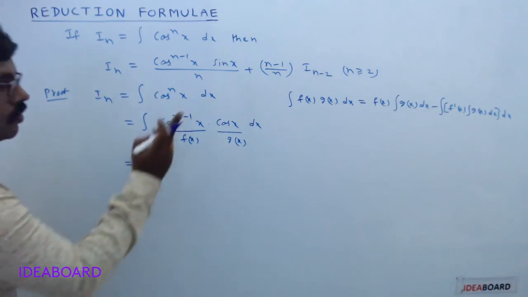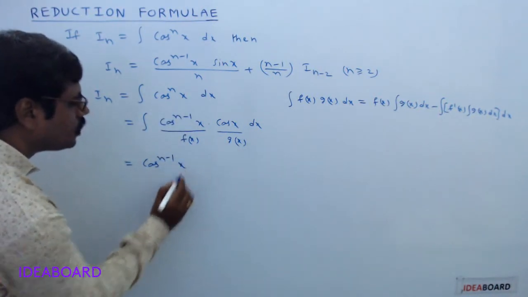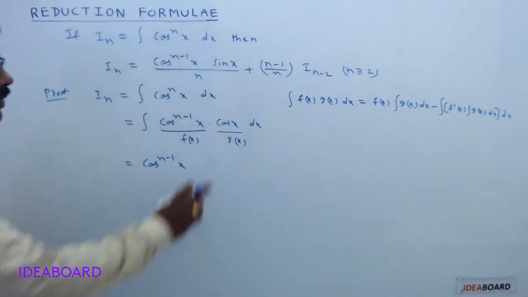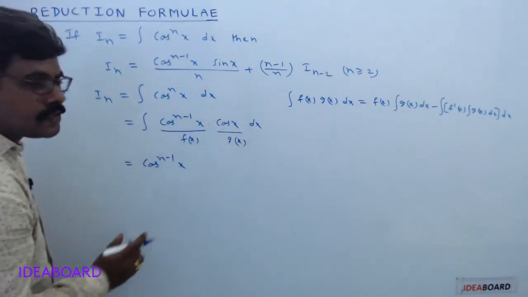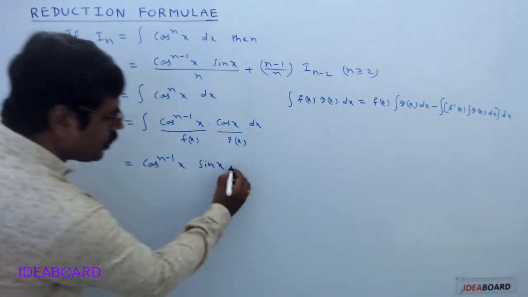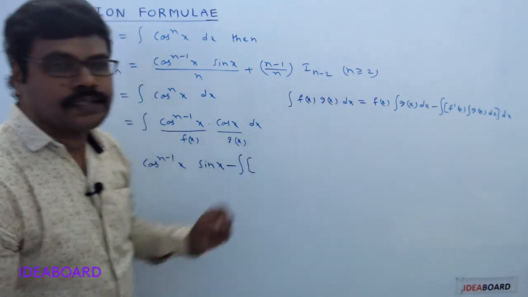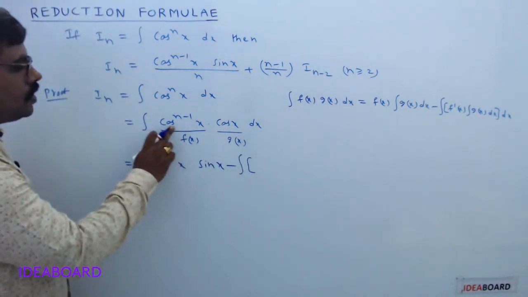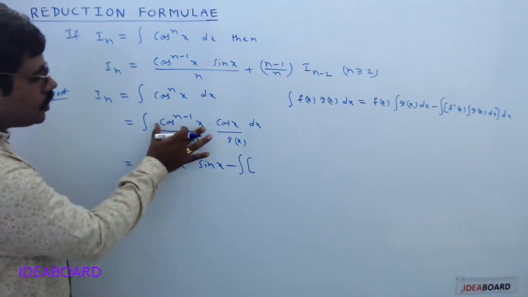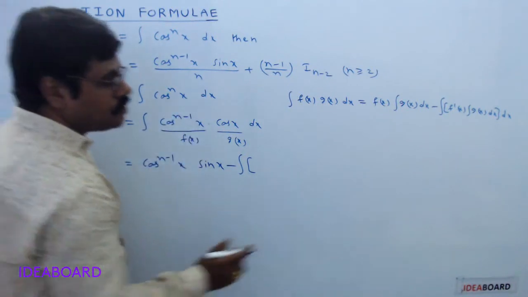This equals cos power n minus 1 x into integral cos x dx, which is sin x, minus integral of f dash of x. F of x is cos power n minus 1 x, so we need the derivative of this function. Calculate the derivative of this function.